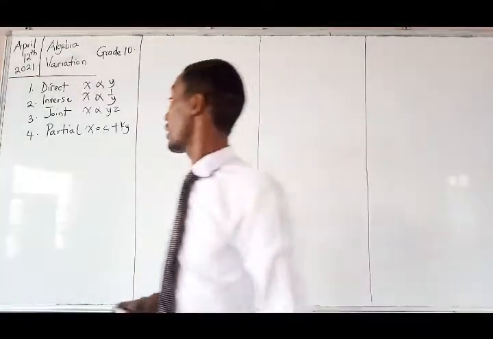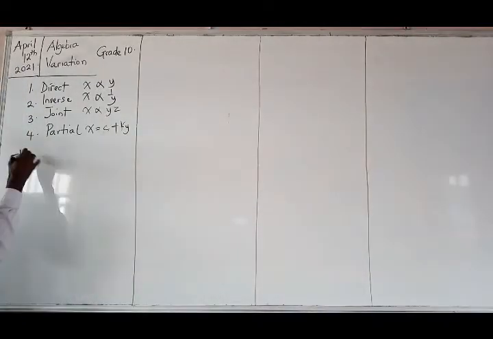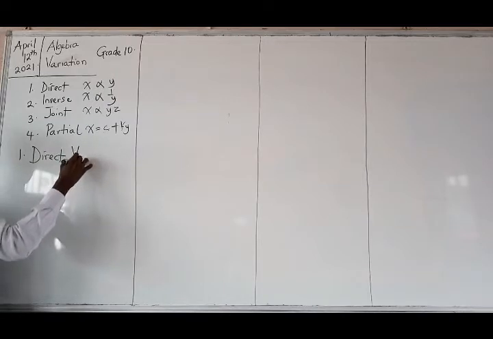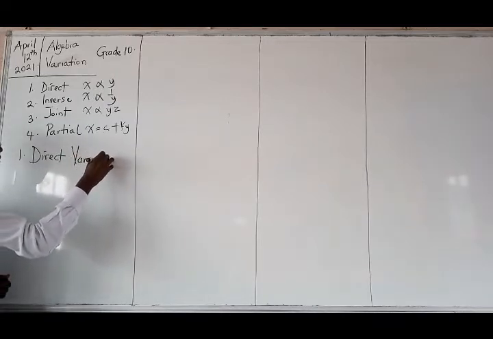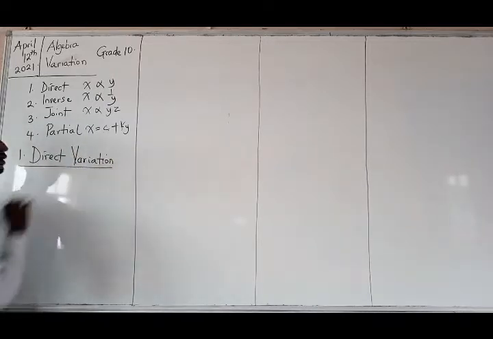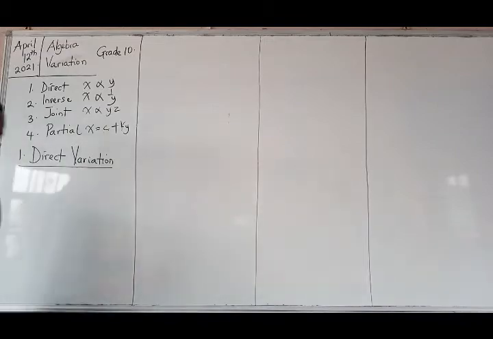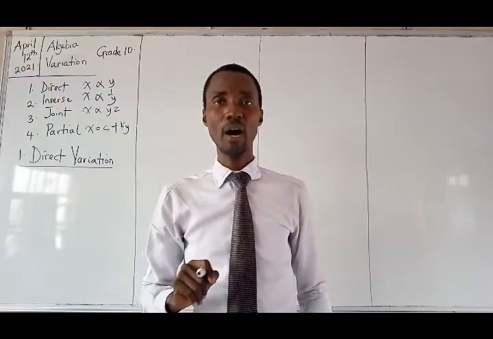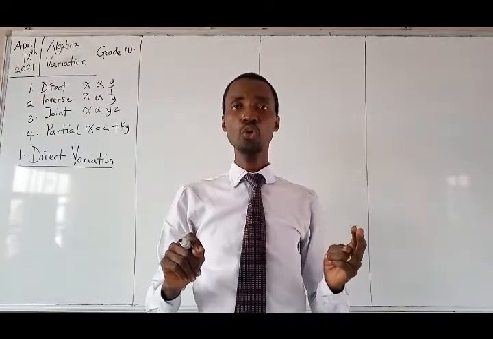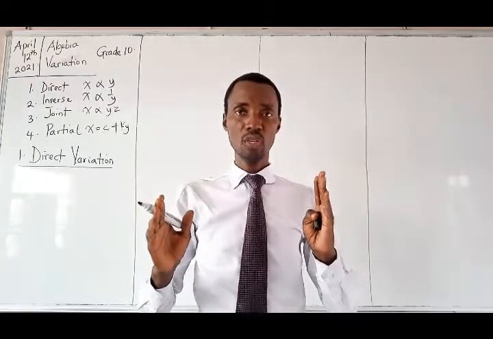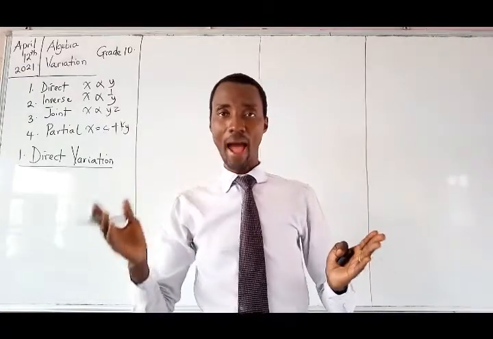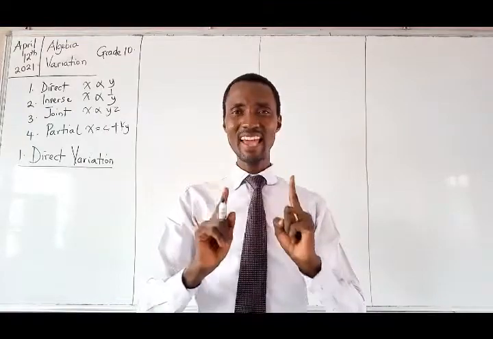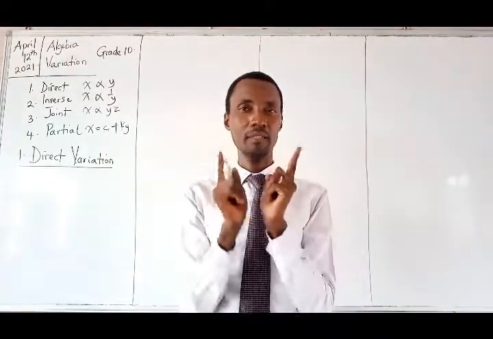Now, number one is what we call direct variation. So, what is direct variation? In direct variation, we are considering two variables, x and y, and how they are related directly.